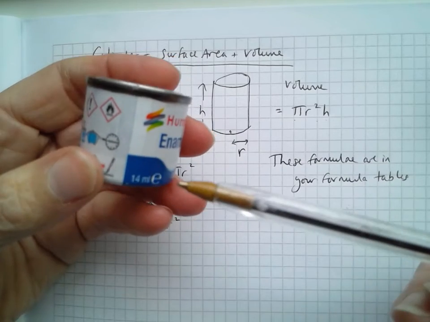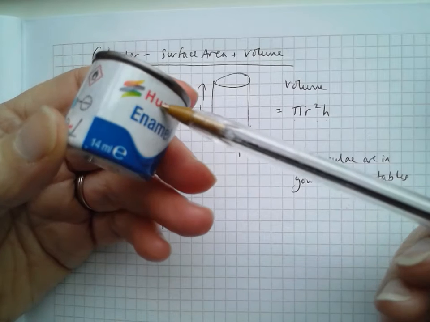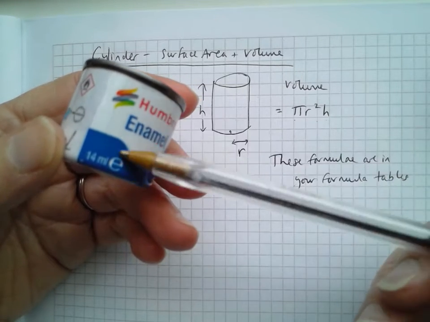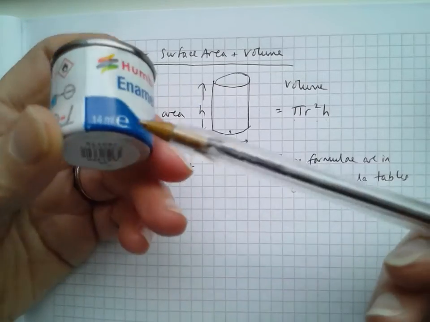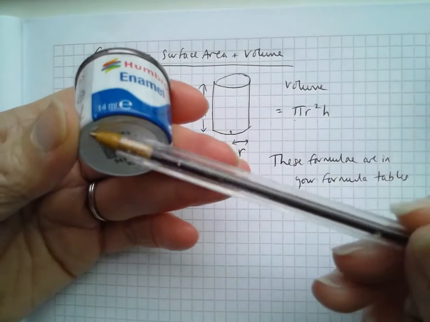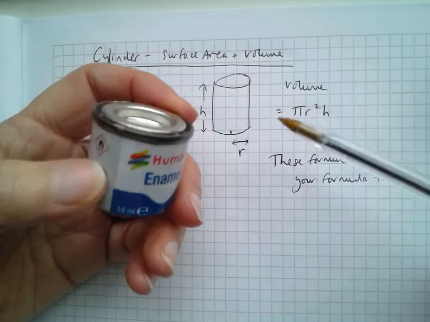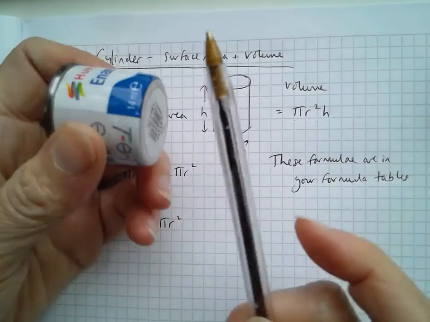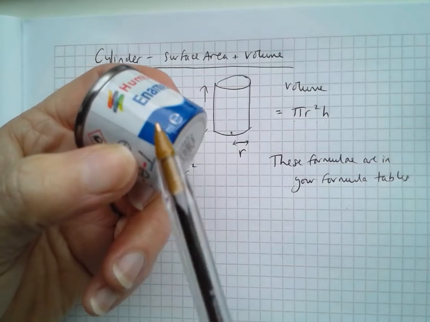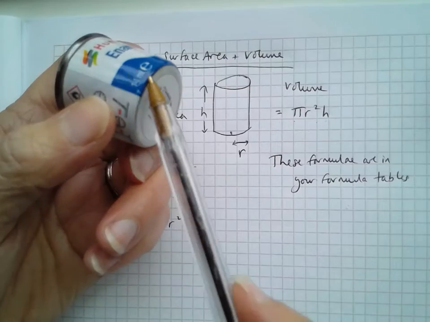If each of those is pi r squared, then the volume is 5 by pi r squared. So pi r squared h, the volume of the cylinder, is the area of the base times the height, and that's the same as a prism. Remember the prism, we found the area of one end and multiplied it by the length of the shape. In this case, the length of the shape is called its height.